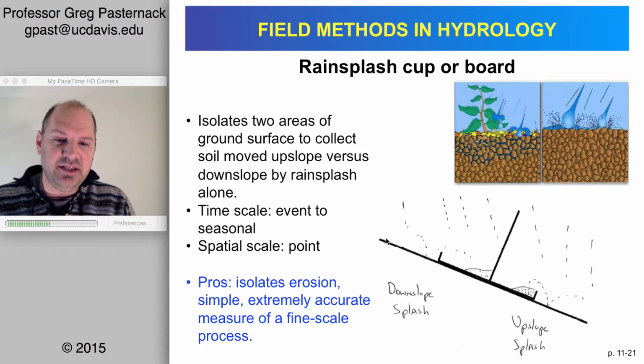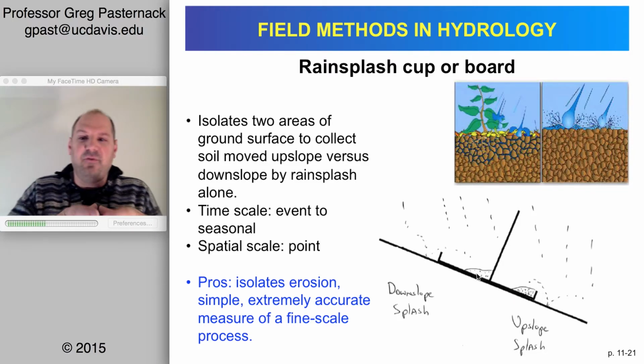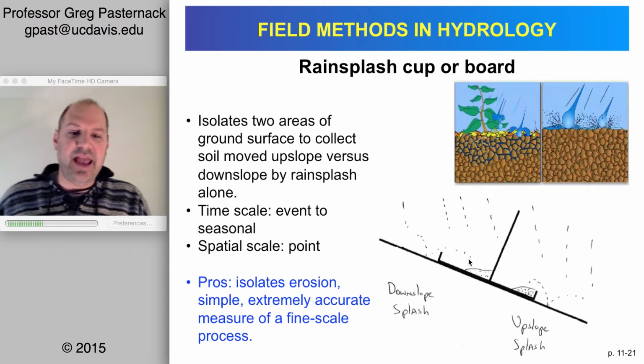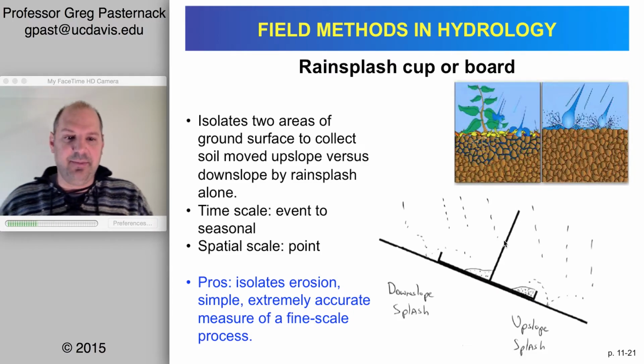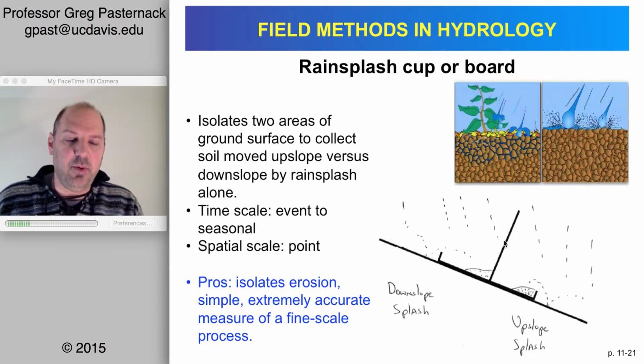So here is the ground surface, this black line, and on top of that is a tray which has a ring. You can think of this as either a full circular pan or a rectangular pan so that there are walls all the way around it. Then in the middle of that is a large divider that's going to block the ability of rain to go past that point, as well as sediment to go past that point.